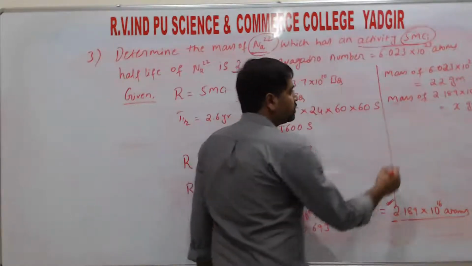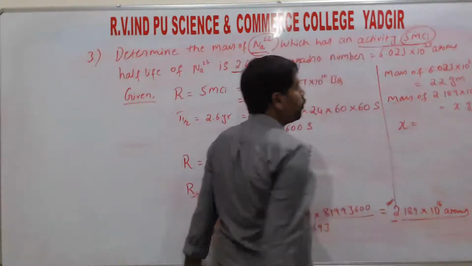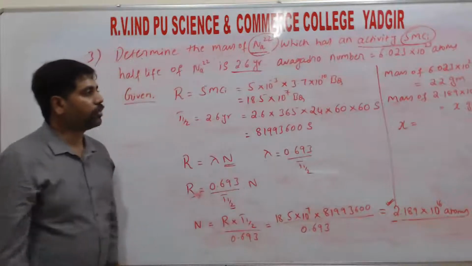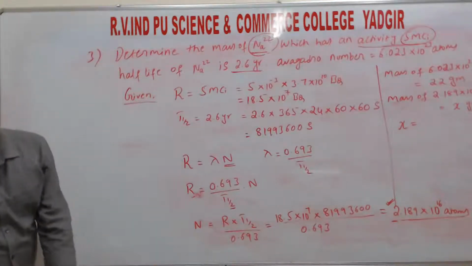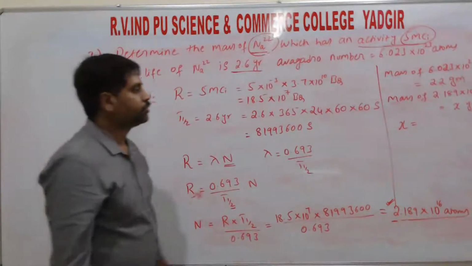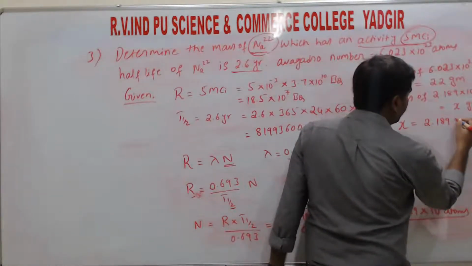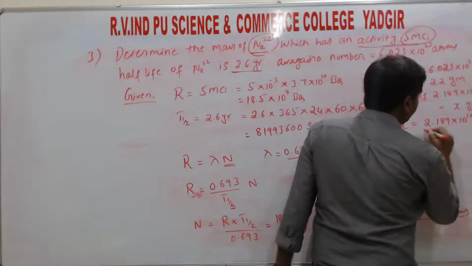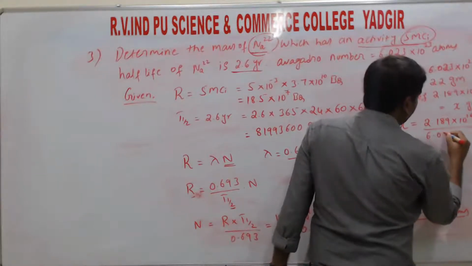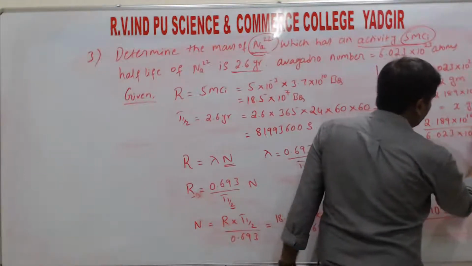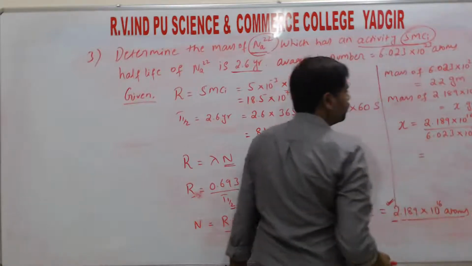So that is x is equals to 6.023 into 10 to the power of 23 divided by 2.189, right? So cross multiplying these values, we get 2.189 into 10 to the power of 16 divided by 6.023 into 10 to the power of 23, right?